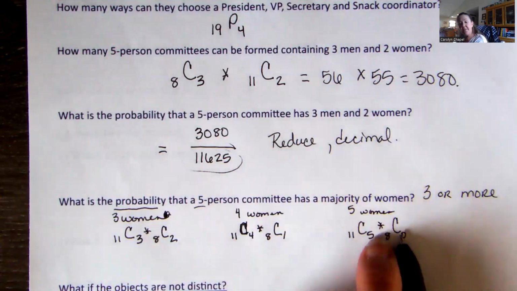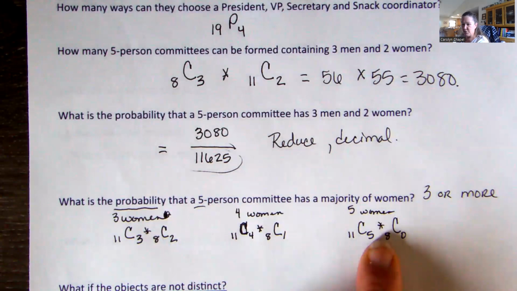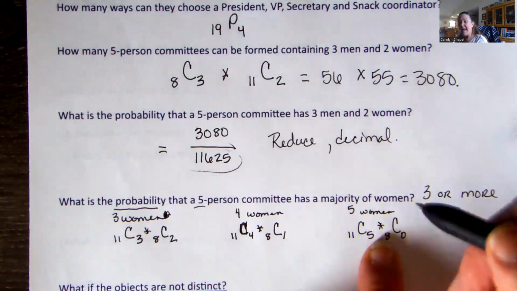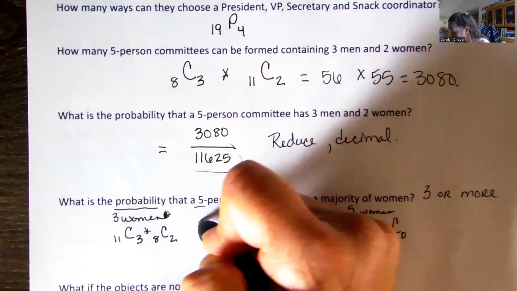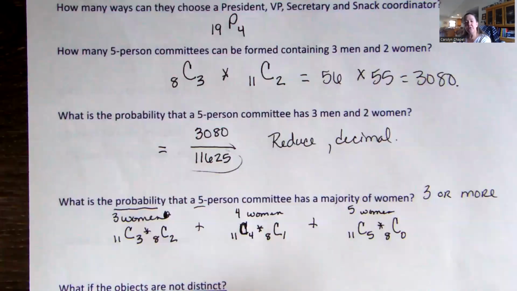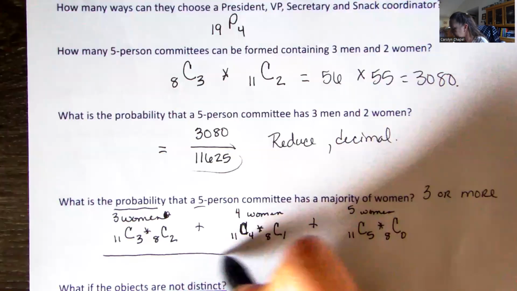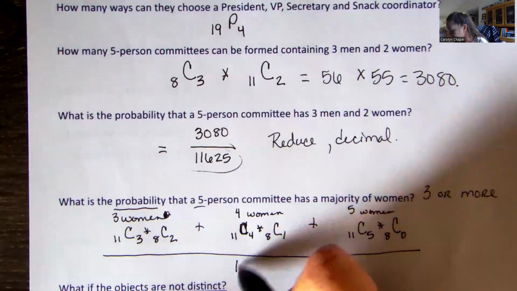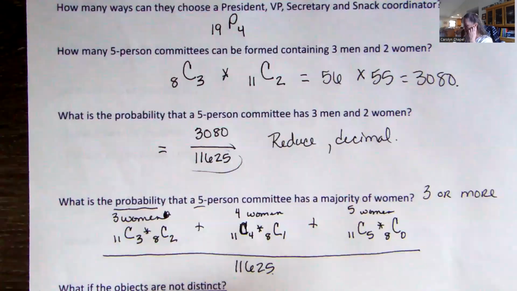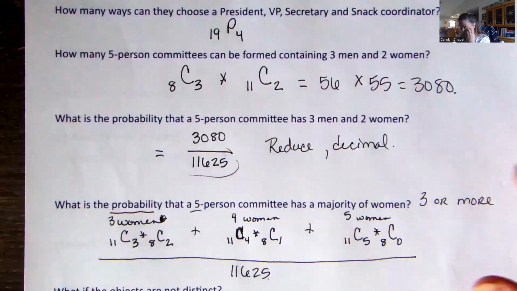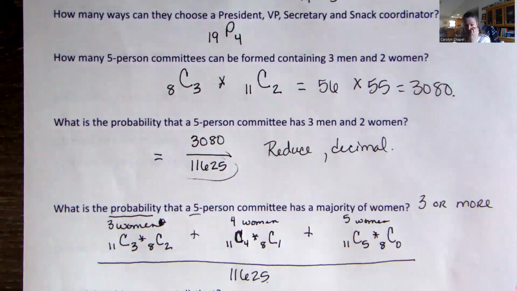These have nothing in common. So going way back to being disjoint probabilities, we would add them together. Or you hear yourself saying the word or. And again, out of our 11,625, which was that total number of ways we could have a 5-person committee.